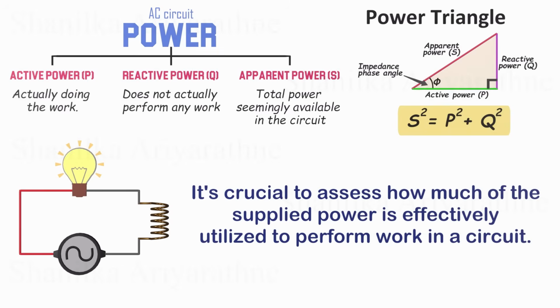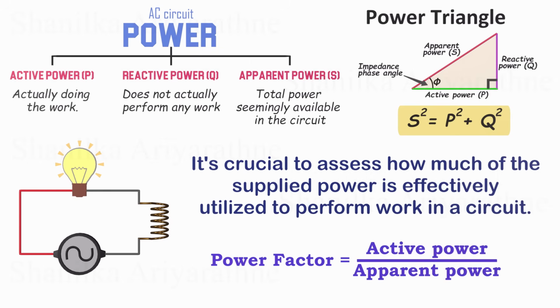When powering up any type of load, it's crucial to assess how much of the supplied power is effectively utilized to perform work in a circuit. Engineers utilize the ratio of actual, real power to the apparent power, termed as the power factor of a circuit.